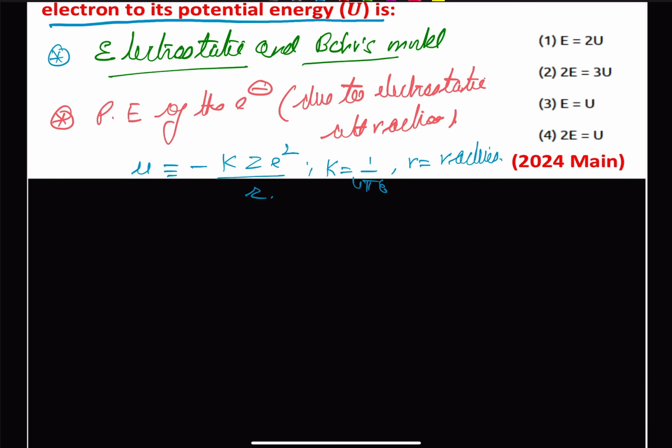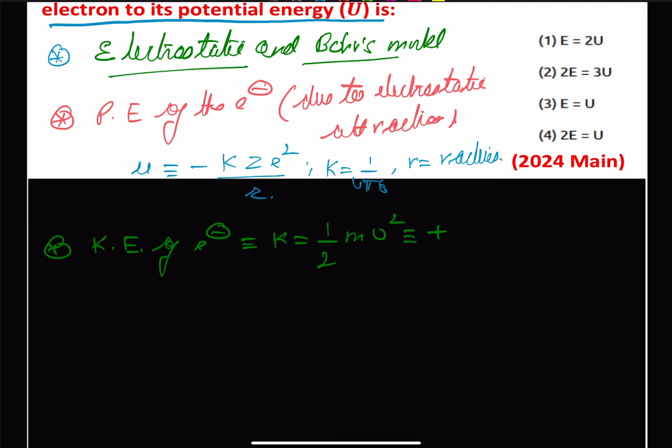So therefore we can write that the kinetic energy of the electron, K, is equal to half m v square, and this will be equal to the negative of the total energy.